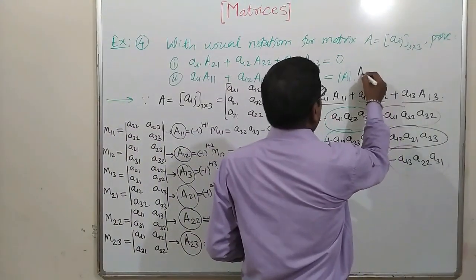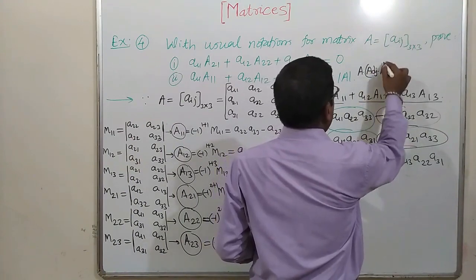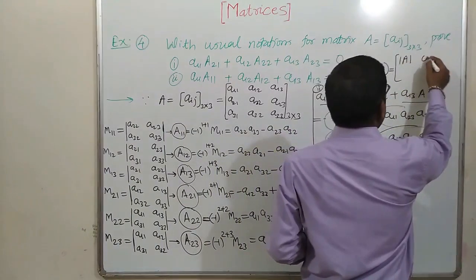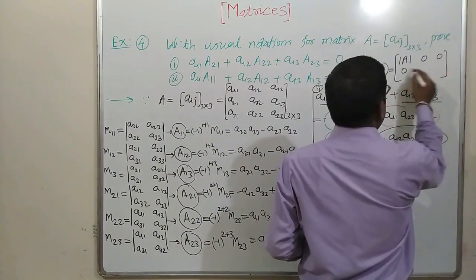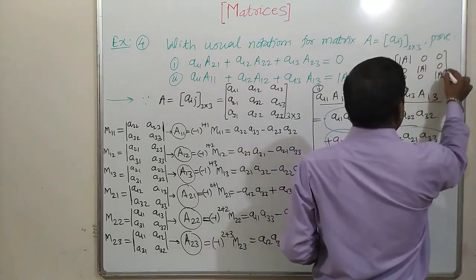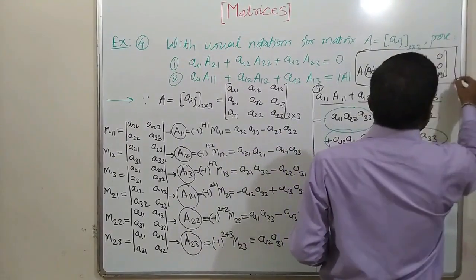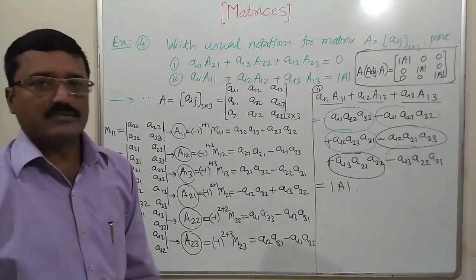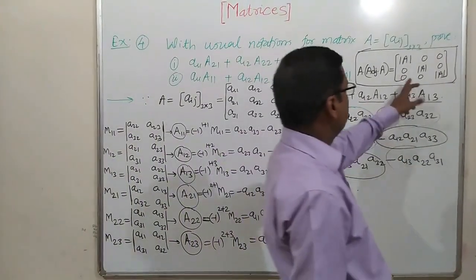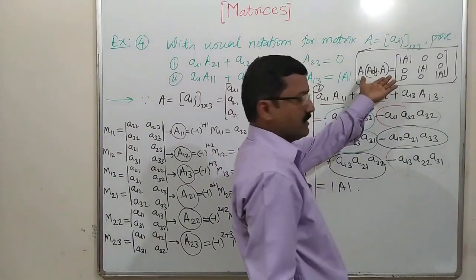Second, I will write here, A into adjoint of A is equal to this matrix, that is determinant of A 0 0, 0 determinant of A 0 and 0 0 determinant of A. This is very much important to remember. This is the theoretical proof of this result.